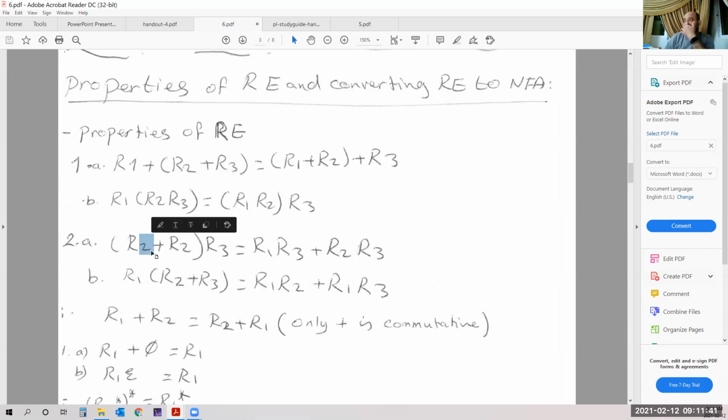Sorry, this is R1. So (R1 plus R2) concatenated with R3 is R1 R3 plus R2 R3, the union. And R1 concatenated with (R2 plus R3) is R1 R2 plus R1 R3.